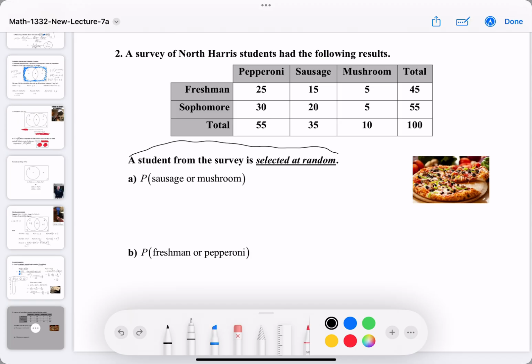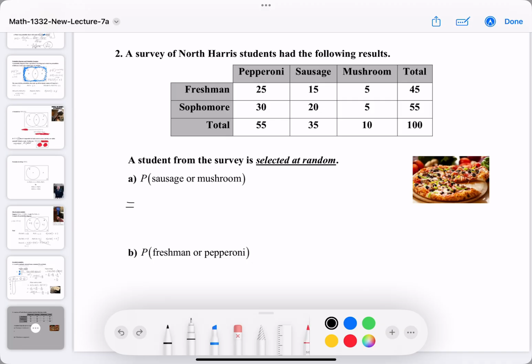What's the meaning of that? Totally, we are having 100 students, and then we are selecting one from 100. So n of S, the sample space, is 100.